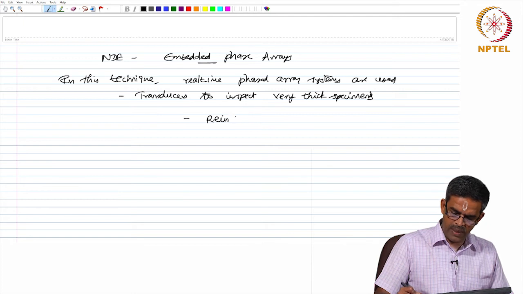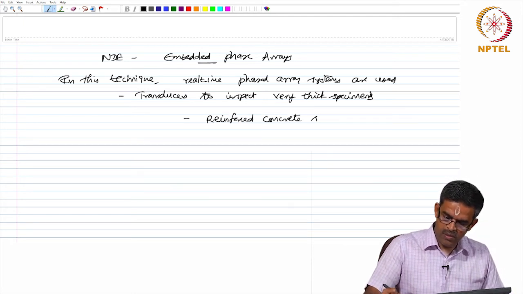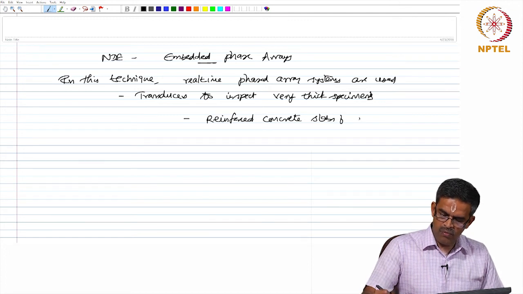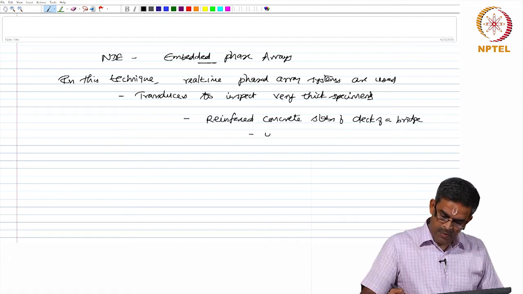Reinforced concrete slabs, of deck of a bridge with P waves.